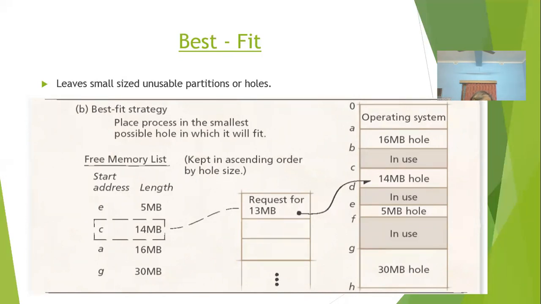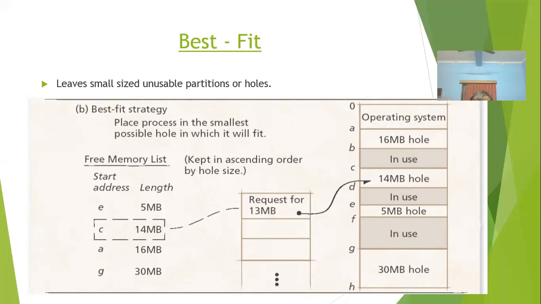So you can see here a particular free memory list is being kept, and the starting addresses of those memory locations are denoted by the letters E, C, A, and G, and their lengths are also specified here. Starting location E has a length of 5 MB, C has a size of 14 MB, A has a size of 16 MB, and G has a size of 30 MB.